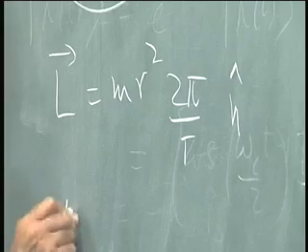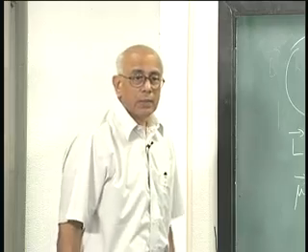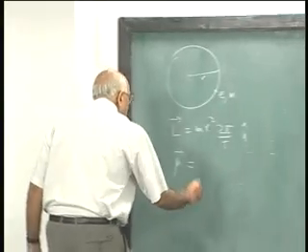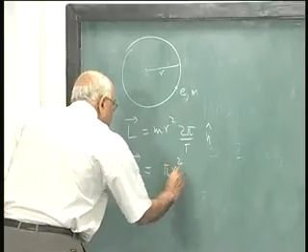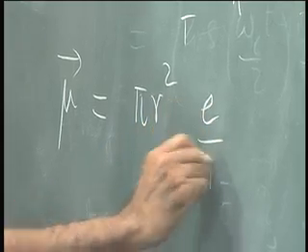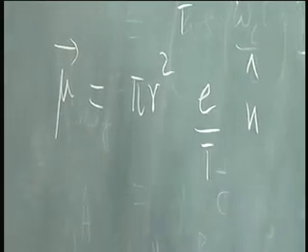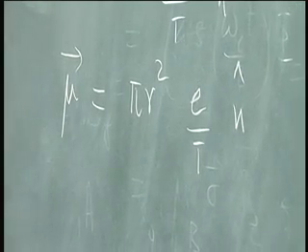The magnetic moment, the magnetic dipole moment of this particle by Ampere's law, is the area of the current loop multiplied by the current. The area of the current loop is pi r squared, and the current is e over T, and it is also in this direction n.